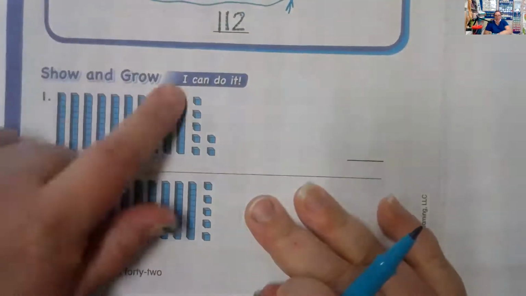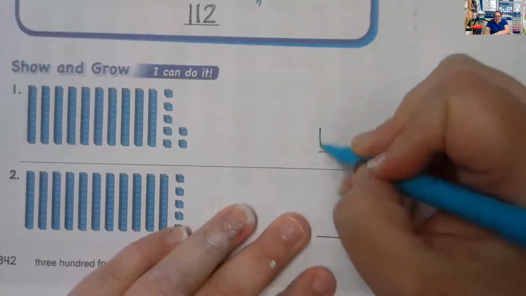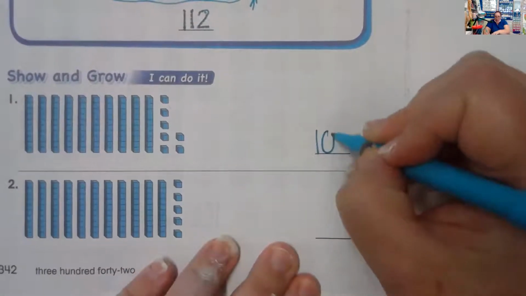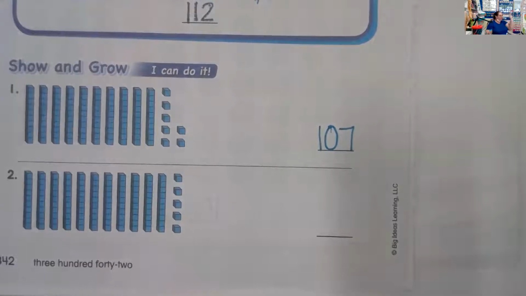So how many hundreds do we have? 1 hundred. How many tens? 0 tens. And how many ones? 7. For a total of 107. Beautiful. Okay. All right.